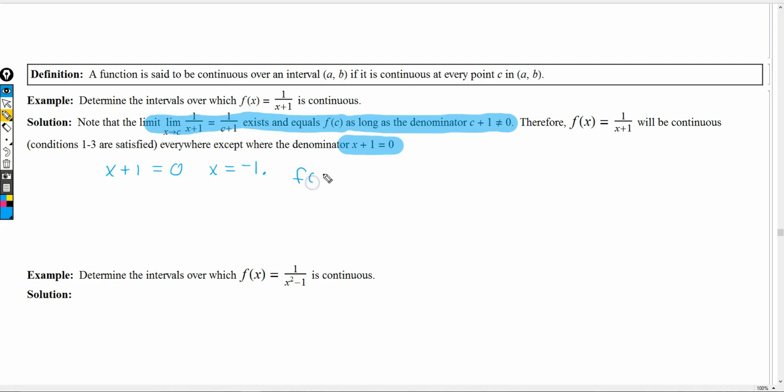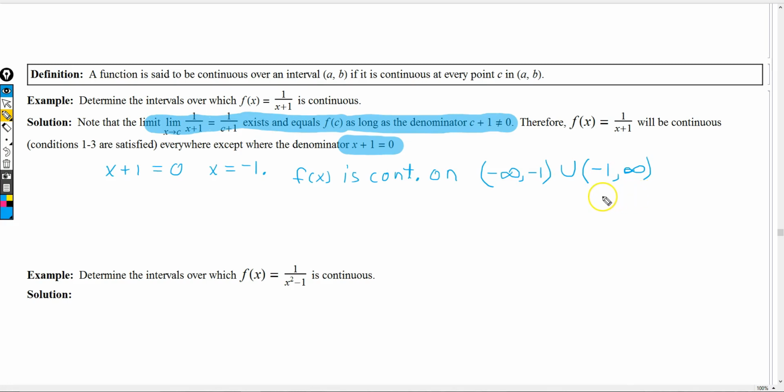We can say f of x is continuous on the interval negative infinity to negative 1, union, that means and, you'll see that written, you can just write and if you'd like, negative 1 to positive infinity. So all we did is exclude the negative 1 from our real number line. That's all we've done by writing this.